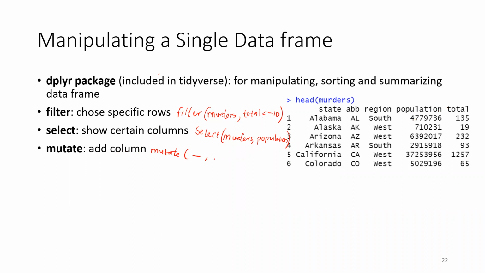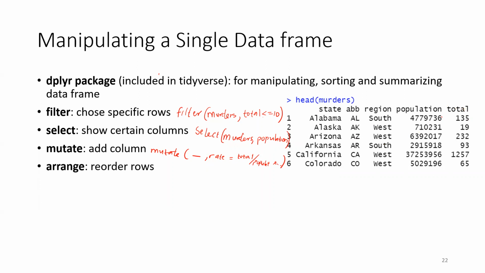For instance, I can say rate equals, so this is the new column, and then how it's going to compute that rate column: total divided by population times 100,000. That will create an additional column for rates.